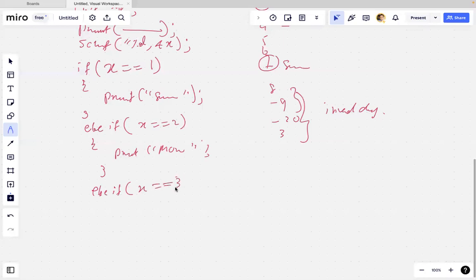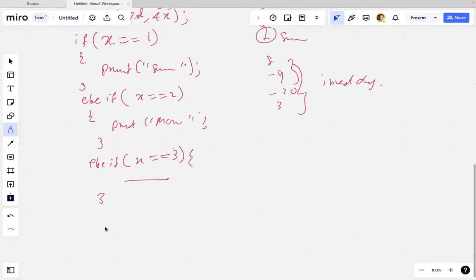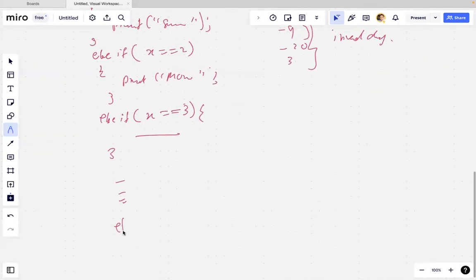Else if x equal 3, then Tuesday, likewise you can go on. And the last part is else.